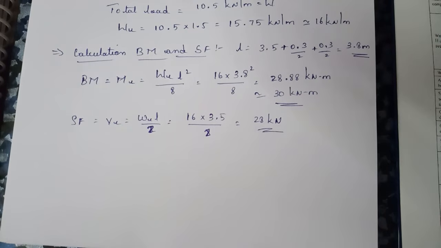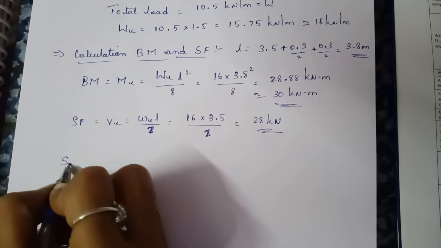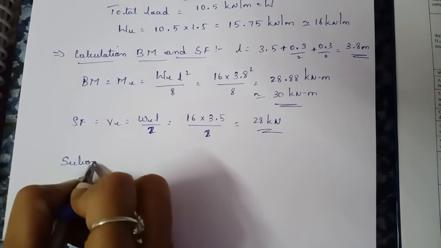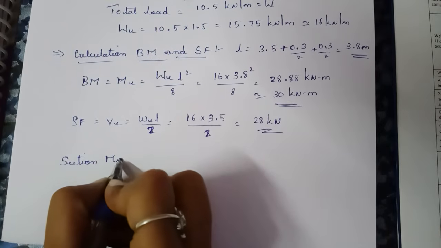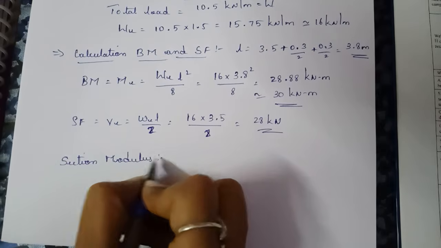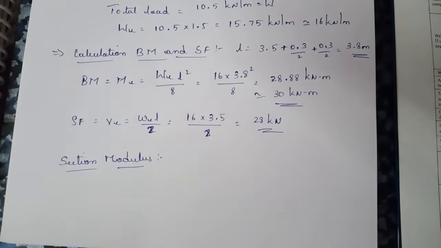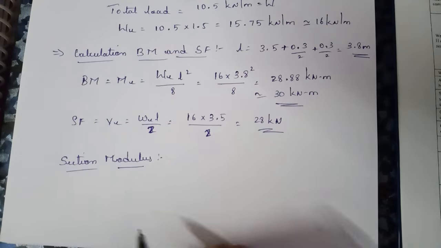Now next we'll calculate the section modulus. With respect to the section modulus, you can choose your section, and also you can calculate the area, and from that you can choose the section from the steel table, as we have not designed for the angle section, just angle now.